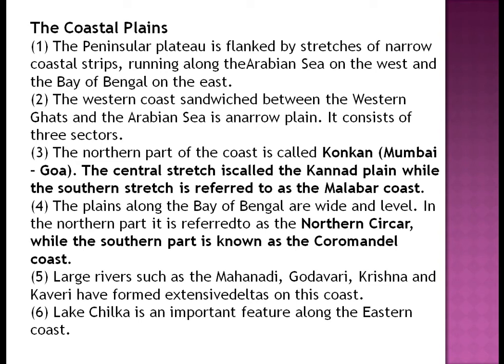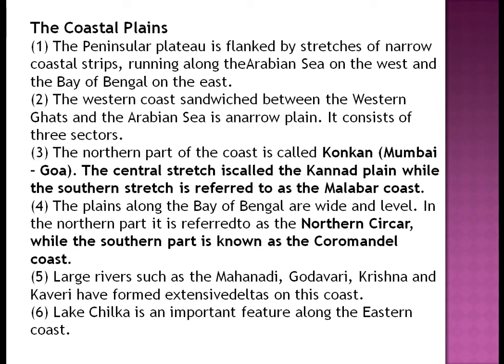And when we are talking about the eastern one, the plains along the Bay of Bengal are wide and level, and the reason why is the rivers, right? Northern Circars, while the southern part is called the Coromandel coast. The large rivers such as Mahanadi, Godavari, Krishna have formed extensive deltas on this coast, and Lake Chilika is an important feature along the eastern coast.